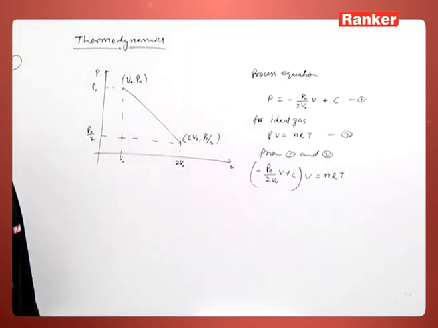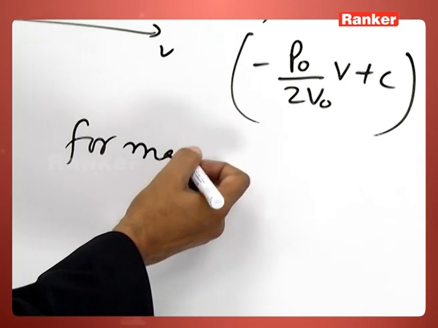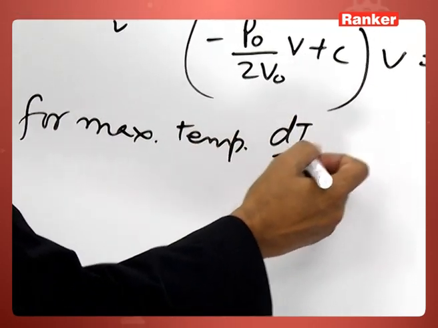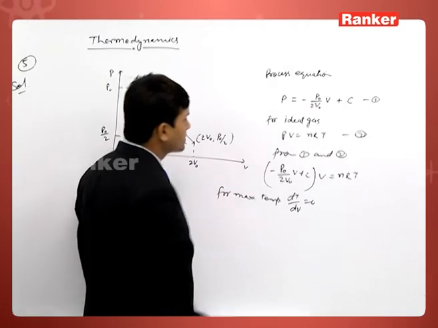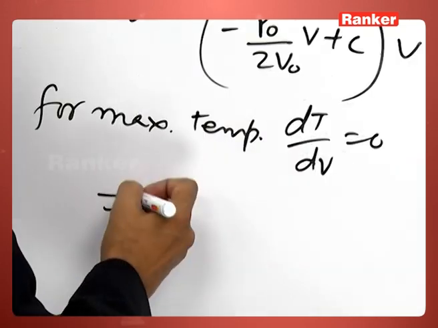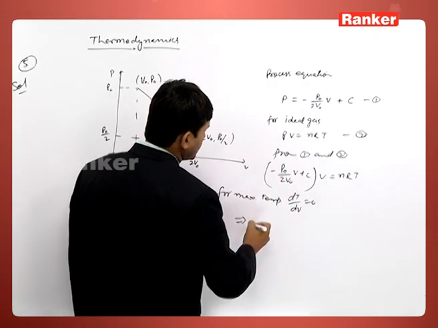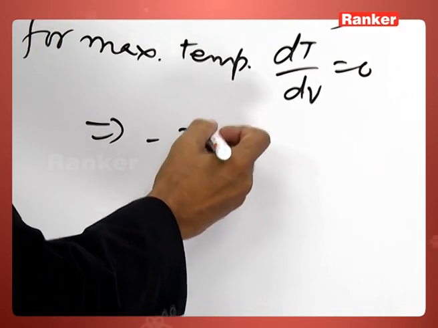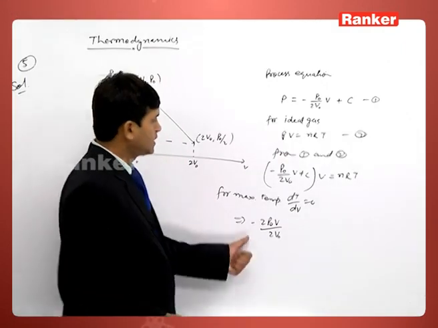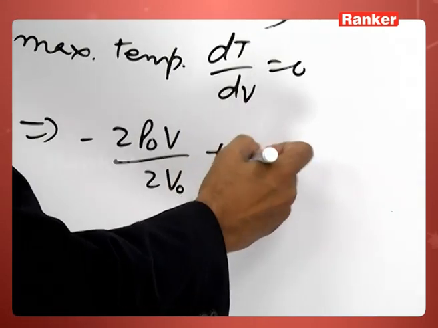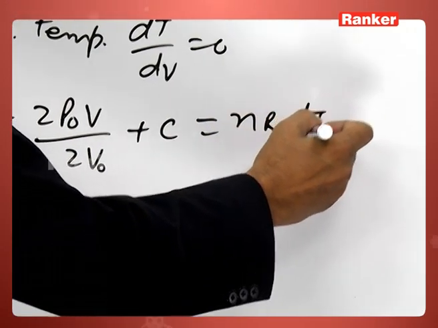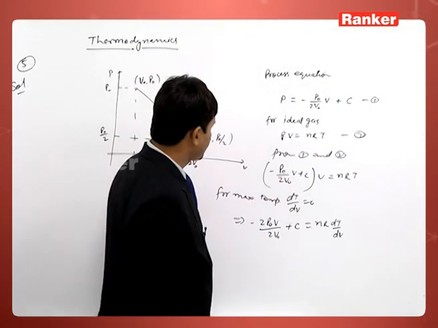For maximum temperature, I am doing dT by dV must be equal to 0. Differentiate. This is V square minus 2P0 V by 2V0 into dV plus C into dV equals nR dT by dV.